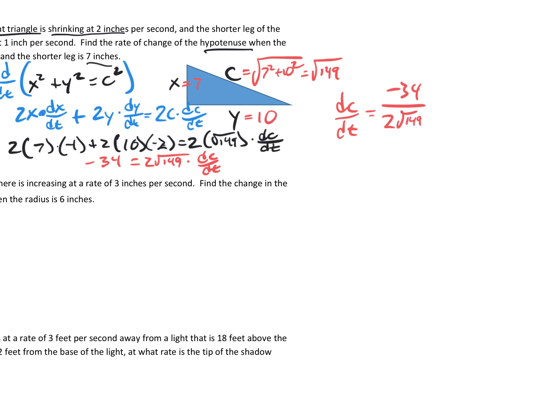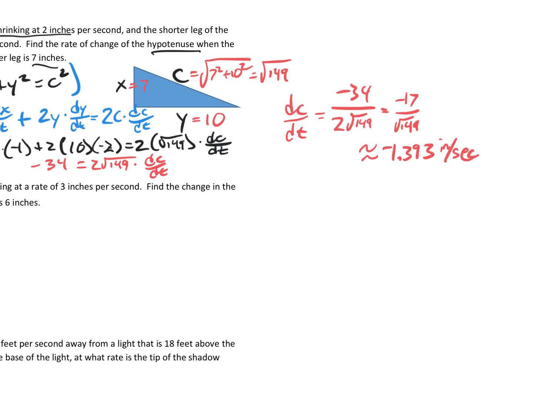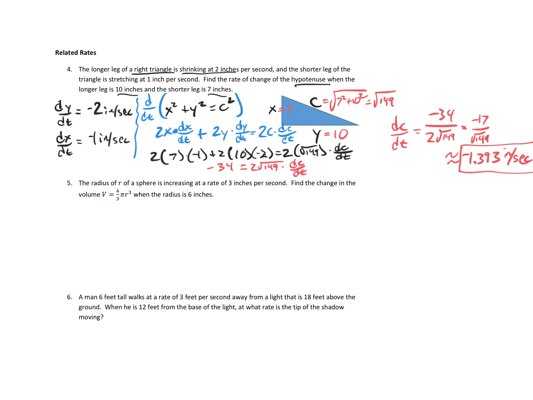And so that's exactly negative 17 over the square root of 149, which is approximately negative 1.393. And don't forget your units. Our units are going to be inches per second because this was all measured in inches and the rates were in inches per second.